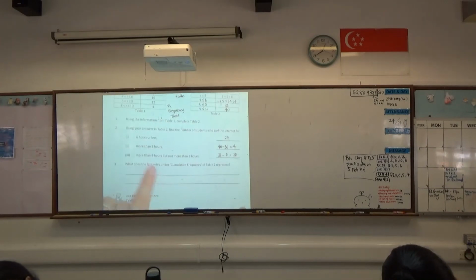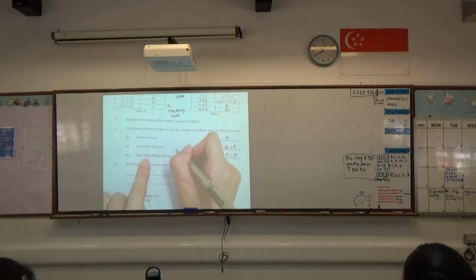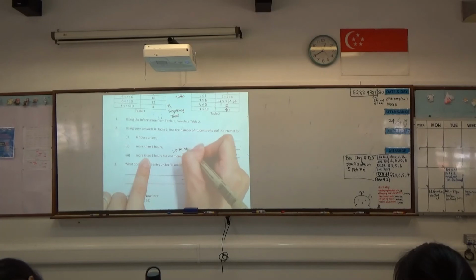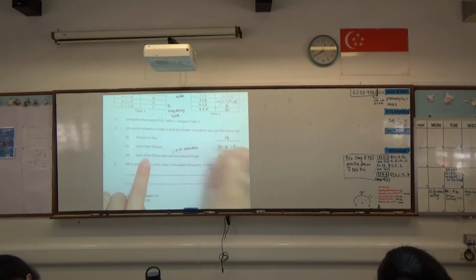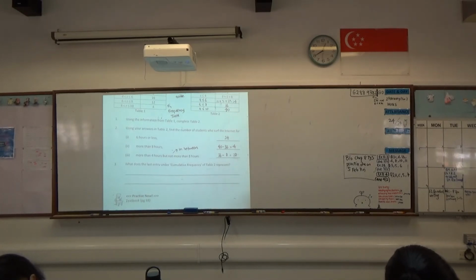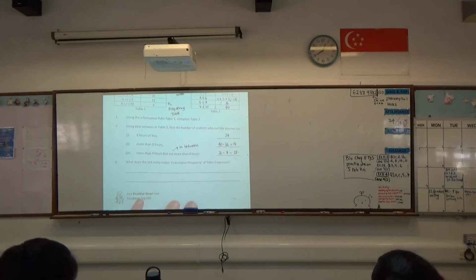So this will be what it means, in between. These are common questions to be asked, not really for cumulative frequency table, but for cumulative frequency curve, because that's most of the time what is asked.